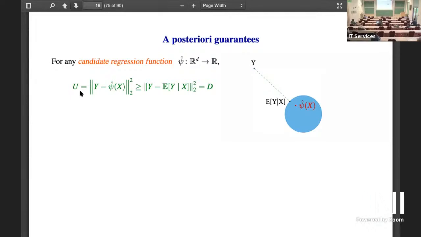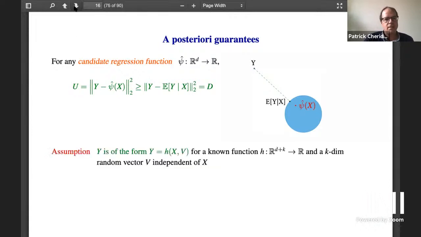How tight is this upper bound? My idea now is to get an estimate on how tight this upper bound is. And so what I'm going to do is use this assumption that y is of the form y equals the function h of x plus some additional noise v, which is independent of x.